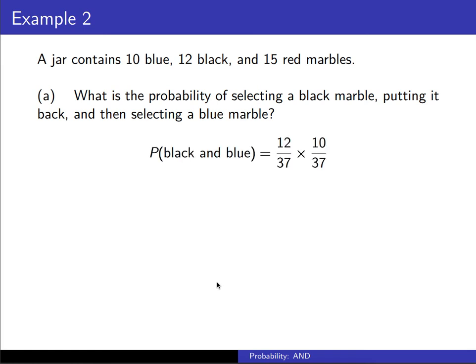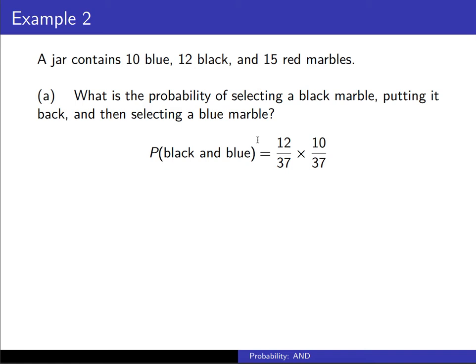Well, we have a total of 37 marbles, so the probability of selecting a black marble is 12 out of 37. That's our first event. When we put it back, there are 37 marbles in the jar again. Because we put that first selection back in, our denominator does not change, since we still have 37 marbles to choose from in our second event, which in this case is selecting a blue marble, of which there are 10.